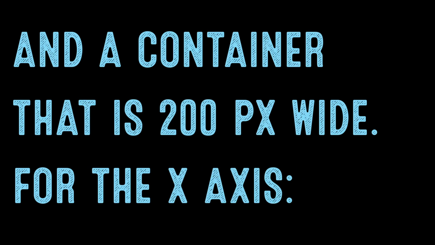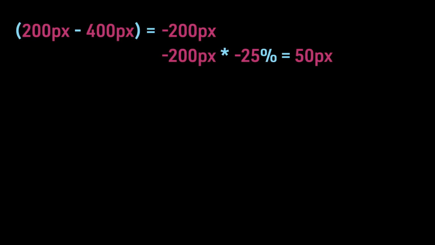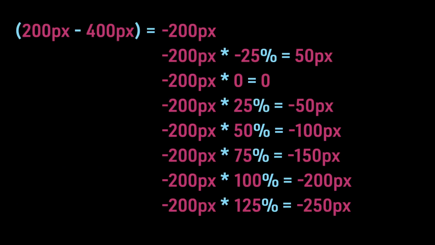Here is an example using an image that is 400 pixels wide and a container that is only 200 pixels wide. For the x-axis, 200 pixels minus 400 pixels is minus 200 pixels. If we multiply minus 200 pixels by minus 25%, we get 50 pixels. If we multiply it by 0, we get 0. If we multiply it by 25%, we get minus 50 pixels.